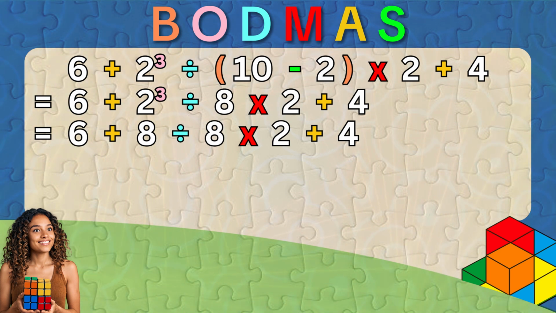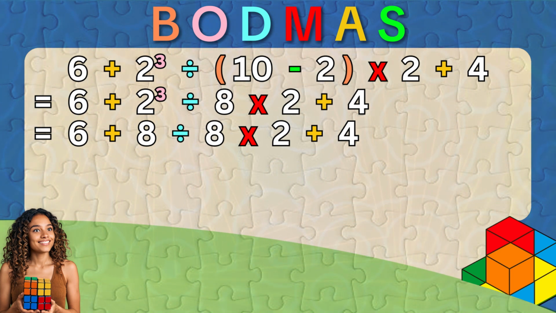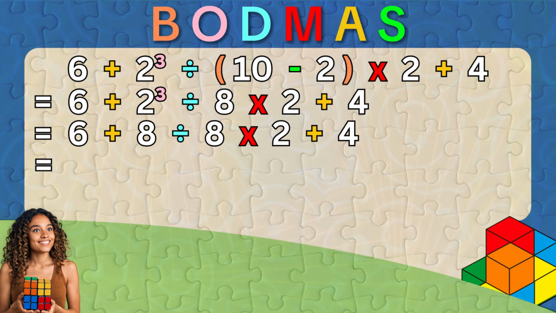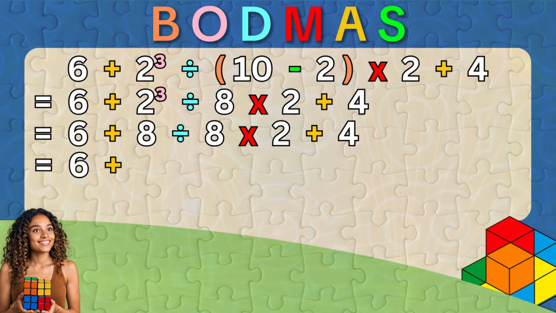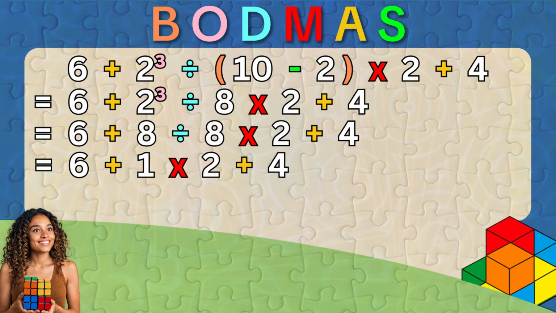We know that division and multiplication is going to come before any additions, and in the current sequence we see that division is to the left of the multiplication. So let's write on the next line 6 plus, then let's do the division. 8 divided by 8 is 1, so let's write 1 in, and then the remainder of the sum again.